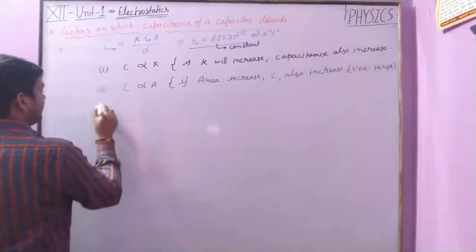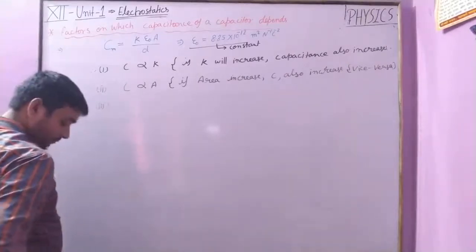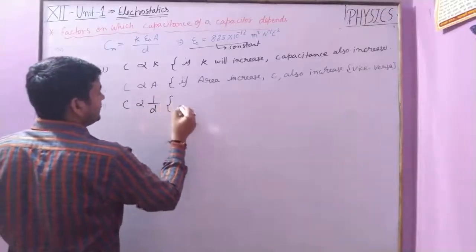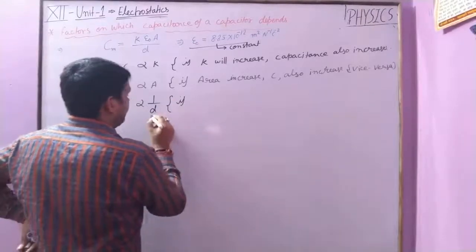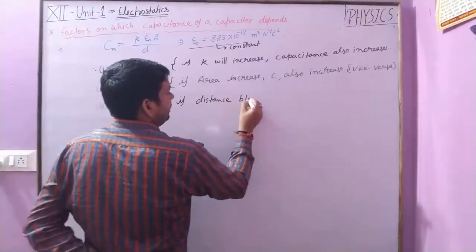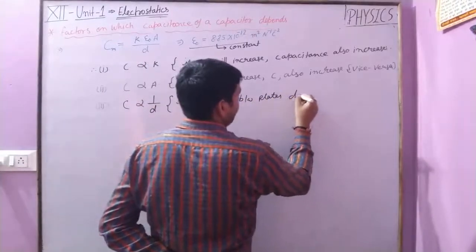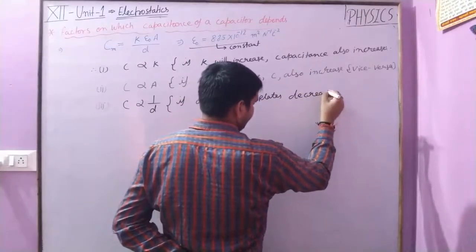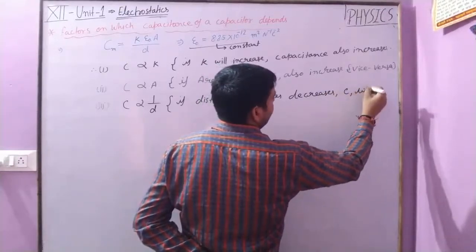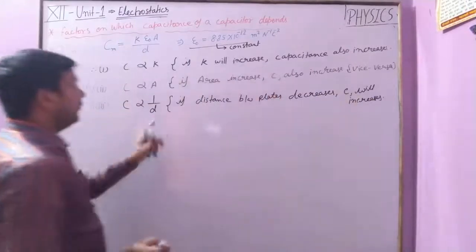And the next factor is C is inversely proportional to D. That is, if D, the distance between plates, decreases, C will increase, because of the inverse relation.